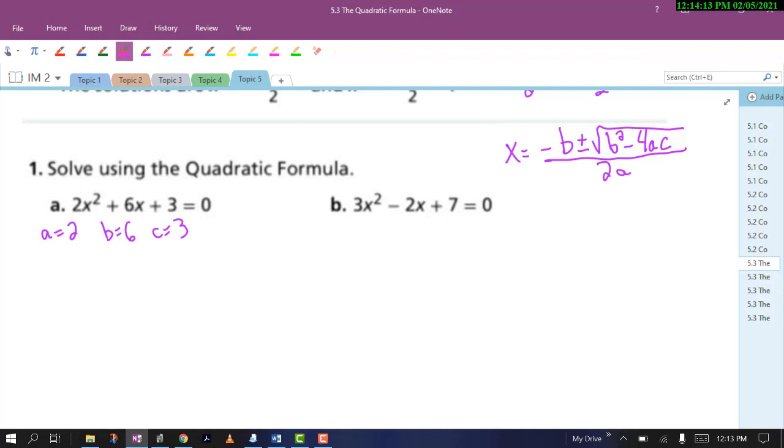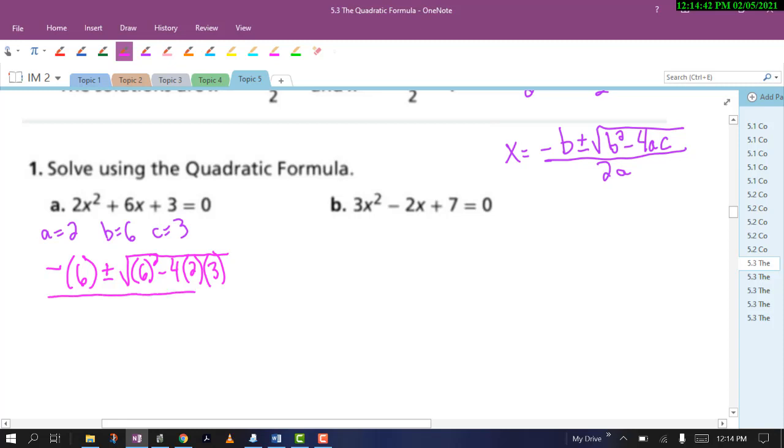And we need a new color. So negative 6. Notice when I substitute in, I put them in parentheses so I don't do some weird operations. Plus or minus the square root of b squared, so 6 squared, minus 4 times a, which is 2, times c, which is 3. And then all of that divided by 2 times a, which is 2 times 2.